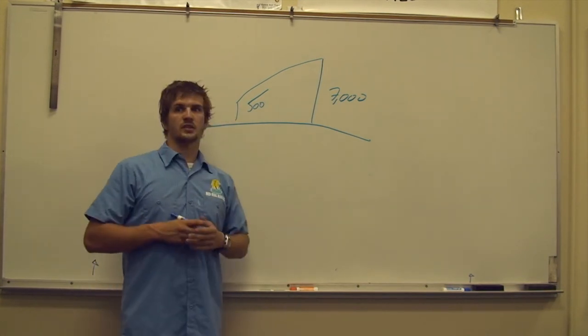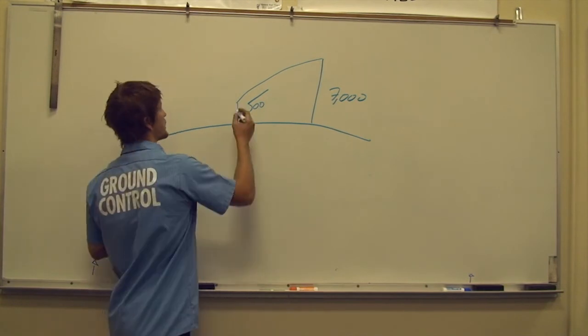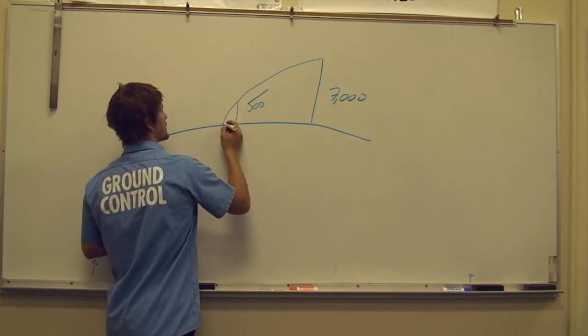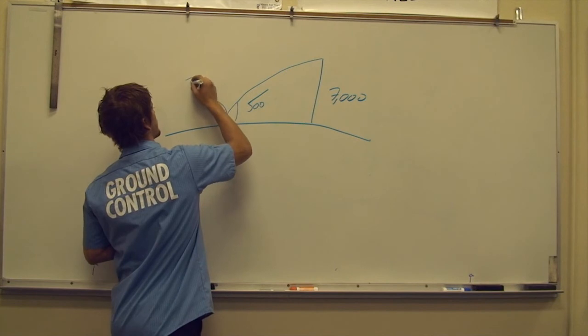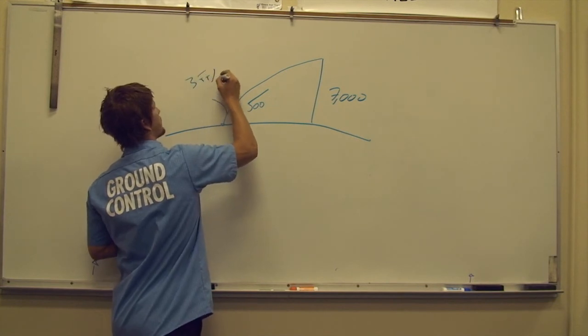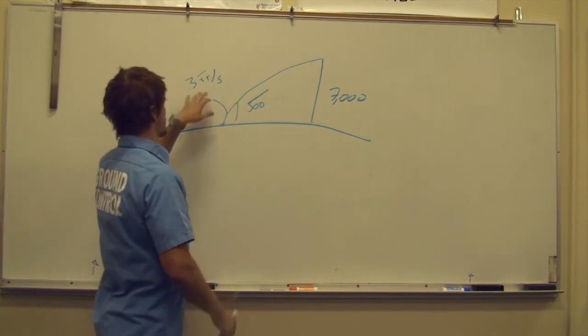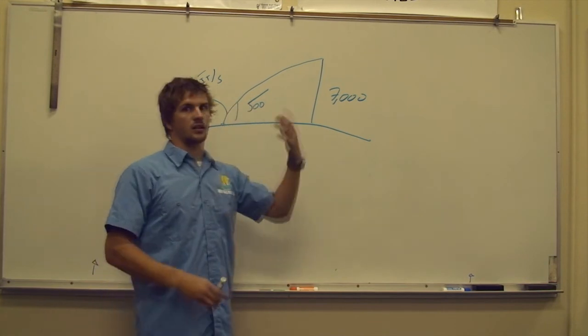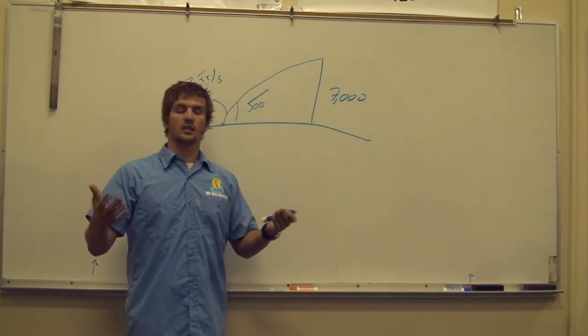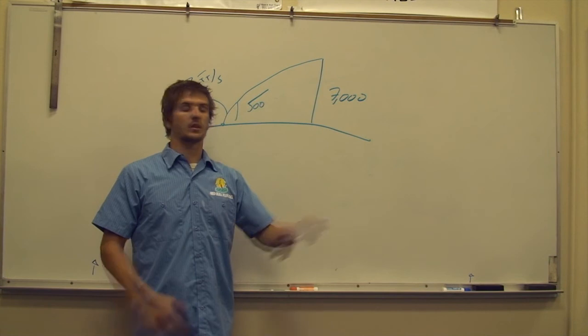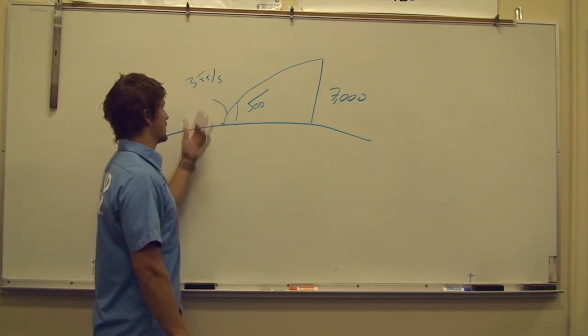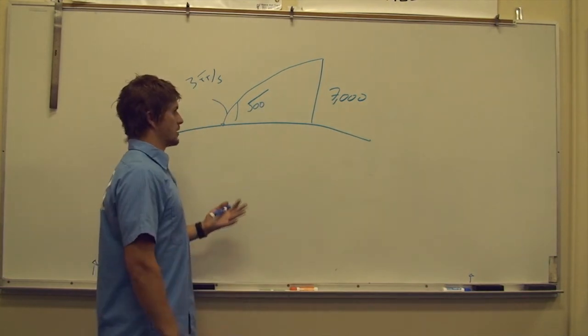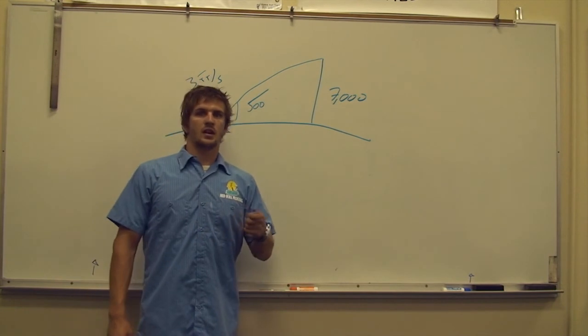How that works is we maintain this descent, and here we're looking for about 3 feet per second. This is controllable enough for landing gear, people inside, etc., even if it's just equipment. 3 feet per second is a pretty common descent rate down to the surface.